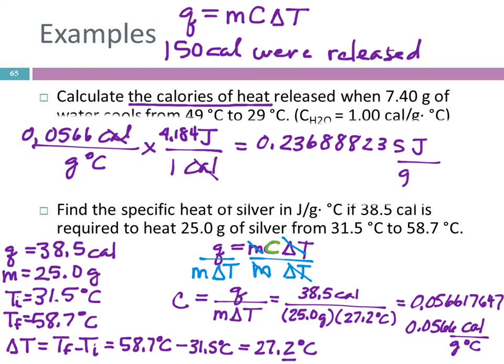Joules per gram degree Celsius. And this should still be rounded to 3. So my final answer is 2.37 joules per gram degree Celsius. Any questions?